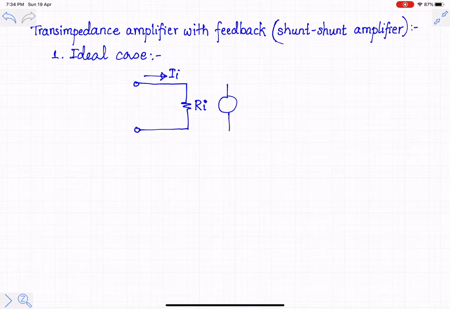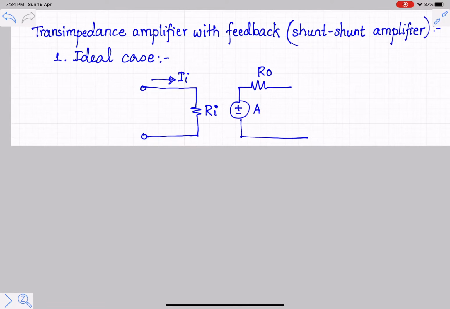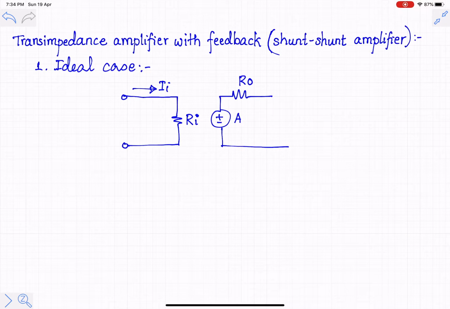On the output side, the output quantity is a voltage, so it should be represented by a Thevenin's equivalent, and Thevenin's equivalent consists of voltage source in series with the resistance, which is Ro, the output impedance of the transimpedance amplifier. So this is equal to gain, or the current controlled voltage source is AR into Ii. So this is the output voltage Vo.